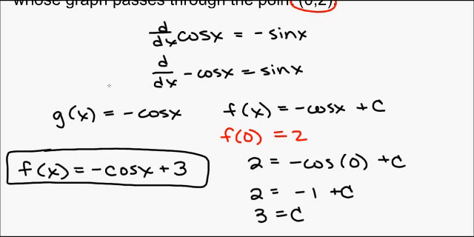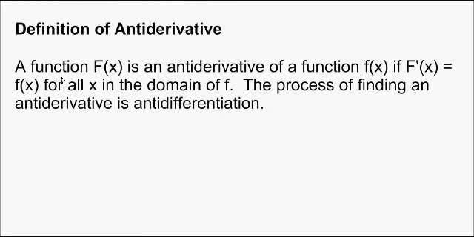The process that we've just gone through here is called finding the antiderivative, so antideriving. A function big F of x is an antiderivative of the function little f of x if big F prime of x equals little f of x for all x in the domain of f.